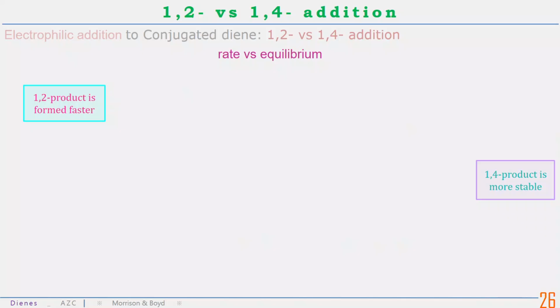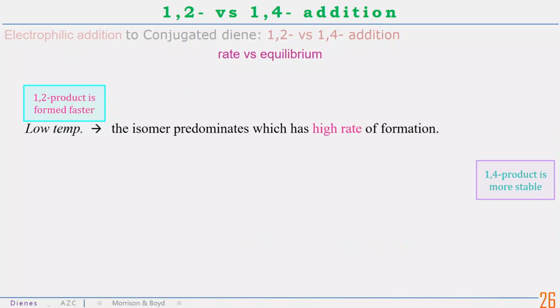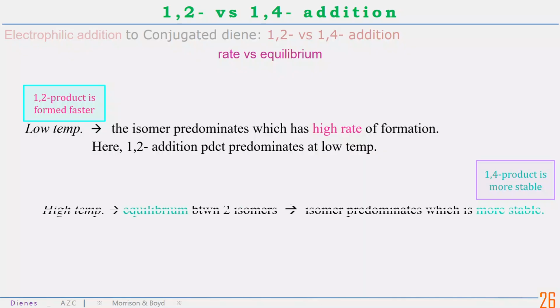Rate versus equilibrium. At low temperature, the isomer that predominates is the one with the high rate of formation. Here, the 1,2 addition product predominates at low temperature, so the 1,2 product is formed faster. At high temperature, there is equilibrium between the two isomers, and the more stable isomer predominates.